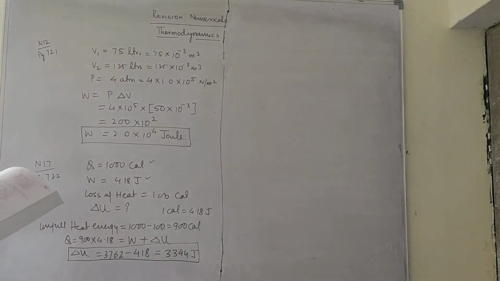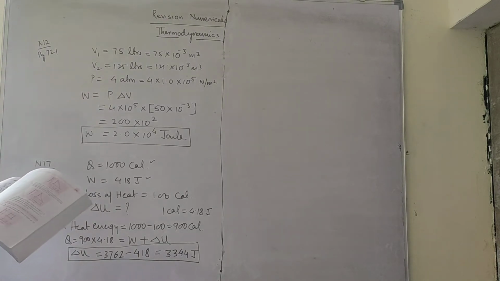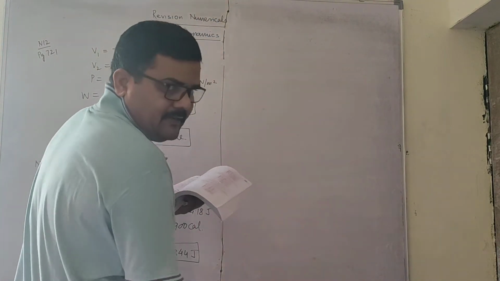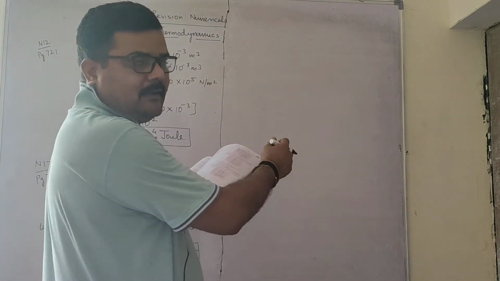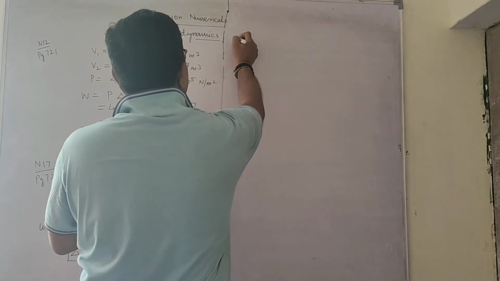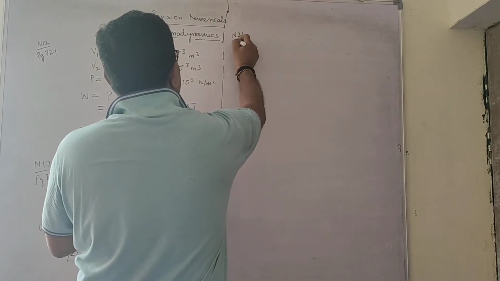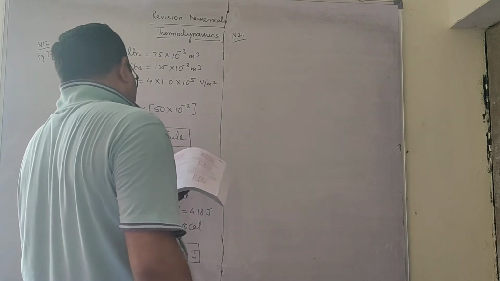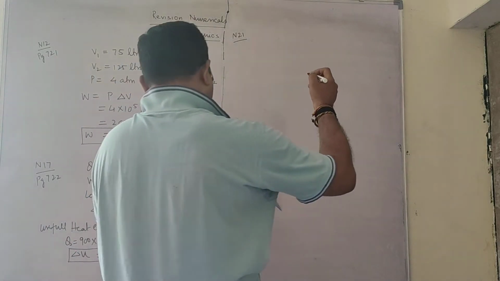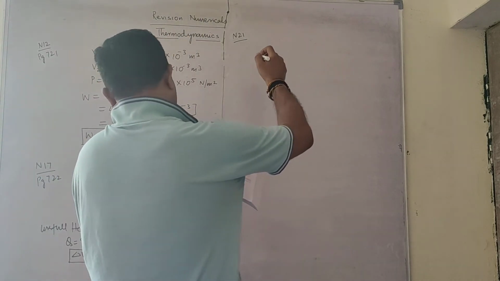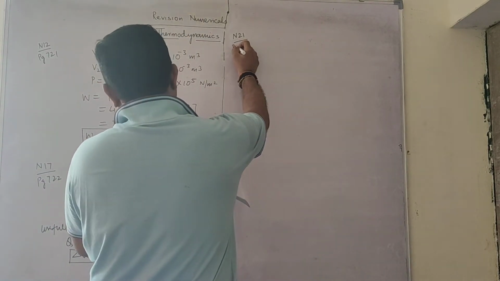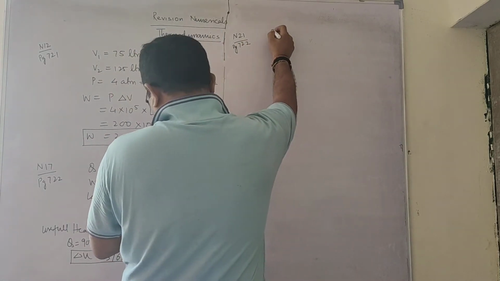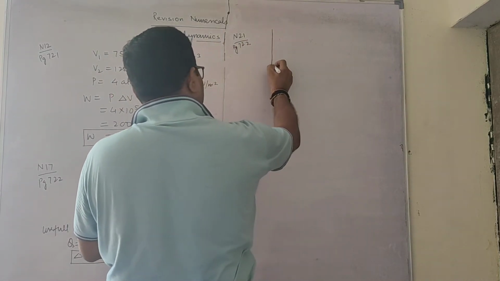Now next is numerical number 21. This is numericals on PV diagram. Numerical number 21. The adjacent figure 21.17. The figure is given in the question. This is on page 722. I am drawing the diagram. You can see it.